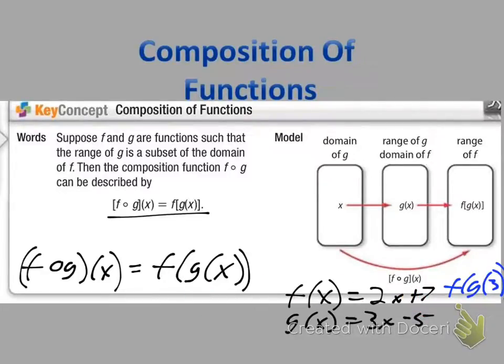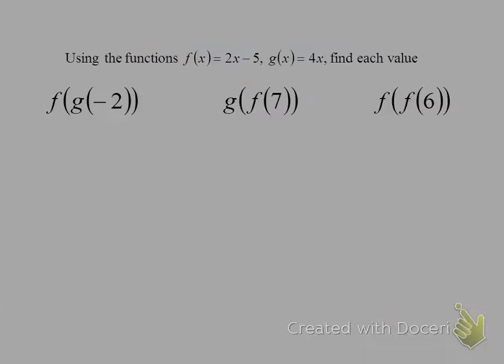This notation right here, make sure you know how to go from here to there, because it makes compositions a lot easier. All right? Any questions so far? Everybody good? All righty. Next slide. Let's do some.